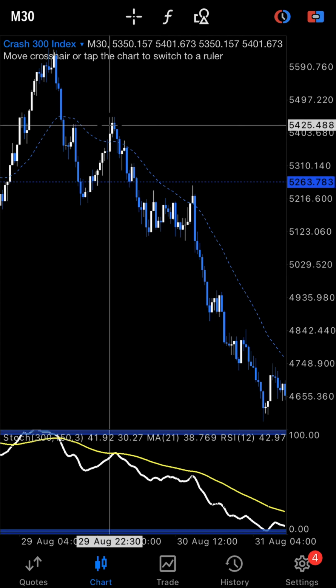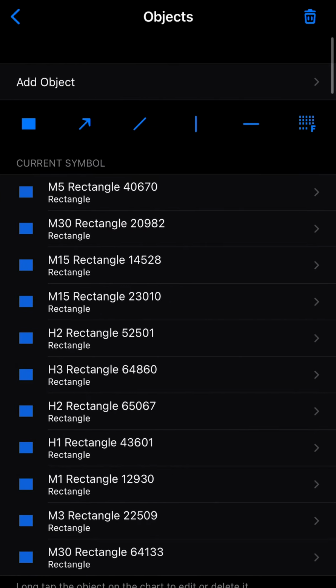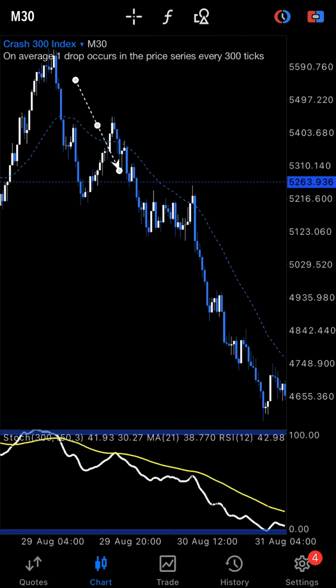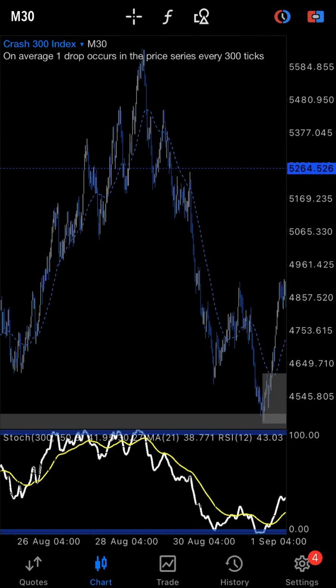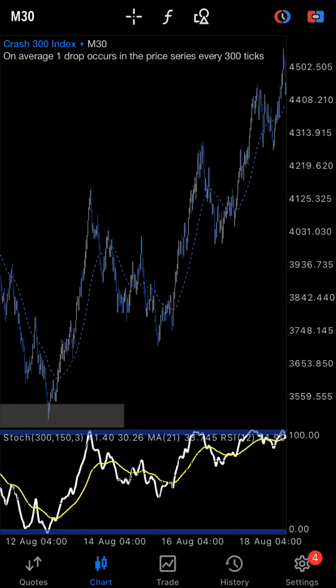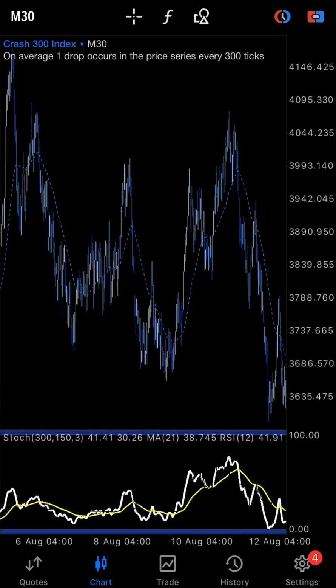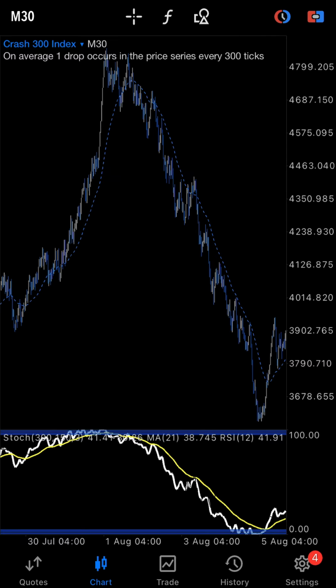You could have entered the trade here and do what? You ride it all the way down. So the strategy is very simple, guys, and very effective.